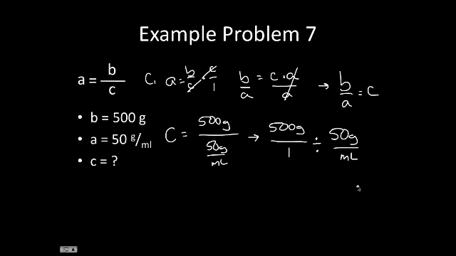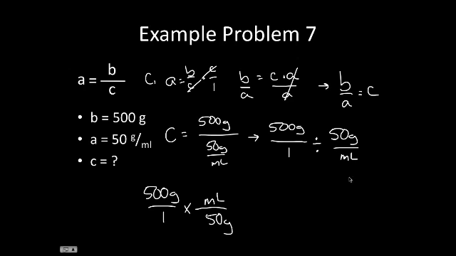And back in grade school or middle school at some point, you learned that when you divide a fraction by a fraction, you multiply by the reciprocal. And all that means is this. You take your 500 grams, which was on the numerator, and you multiply, not divide, by the flip or the reciprocal of what was in the denominator.